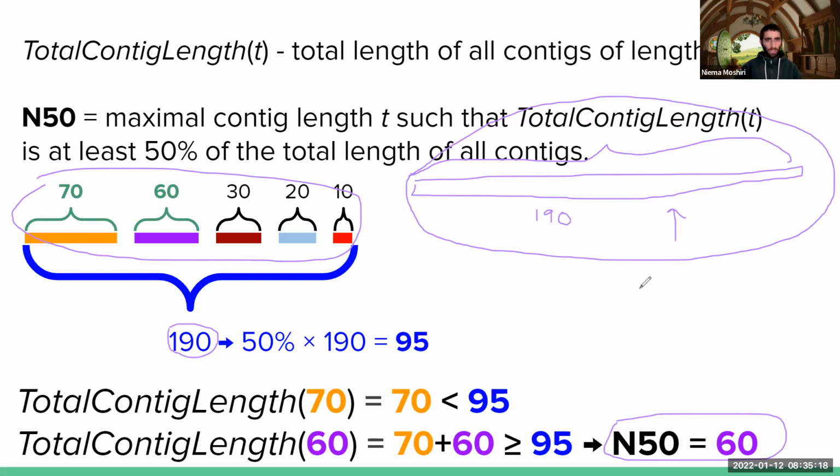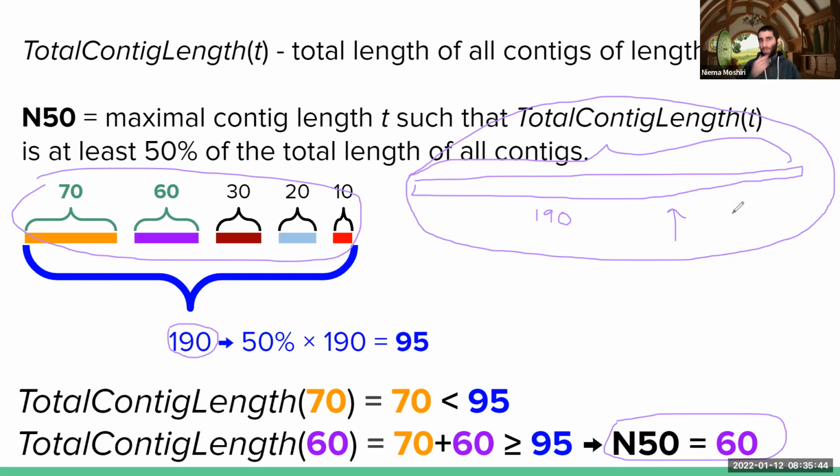And let's say that my genome assembly was the best possible. The best possible means I was able to reconstruct the entire genome from start to end in a single contiguous sequence. So my genome assembly would be one contig that has the length of the entire genome. So one contig of length 190. This is the best possible scenario.